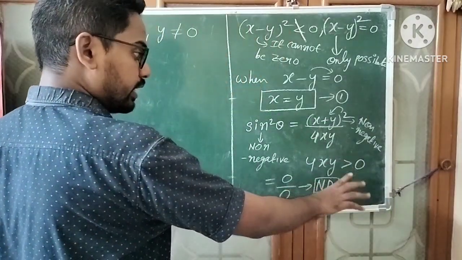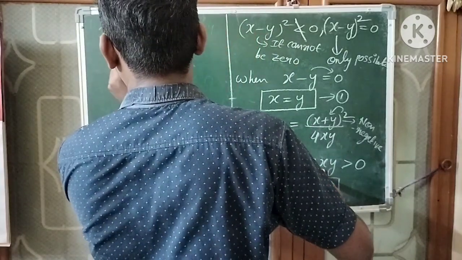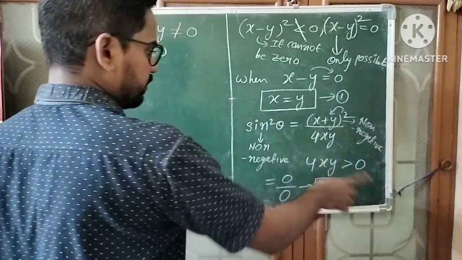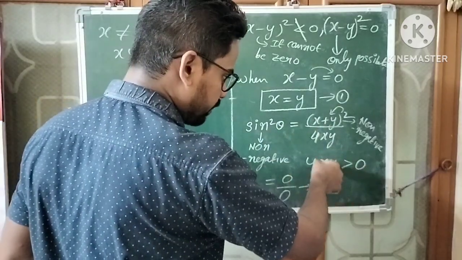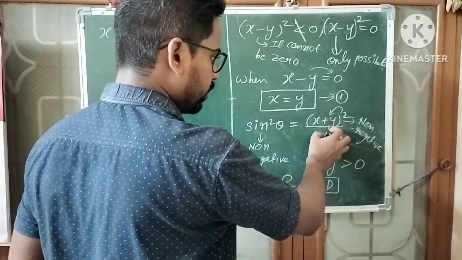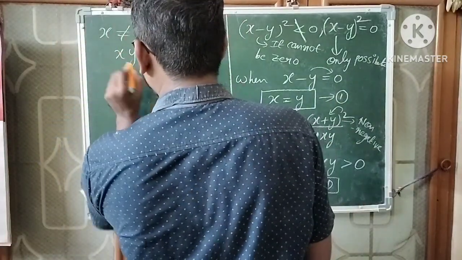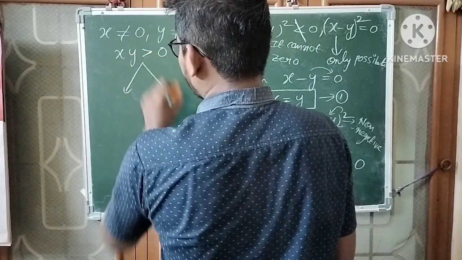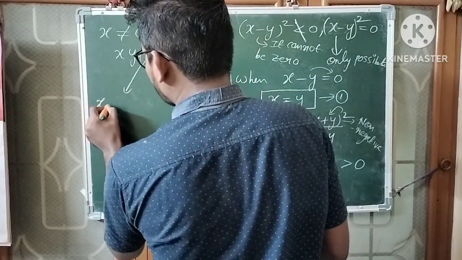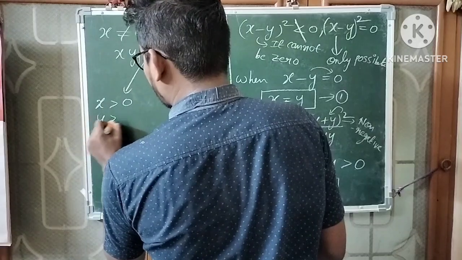4xy is greater than 0, and 4 is constant, so xy must be greater than 0. xy must be positive. If xy is positive, then this sin square theta is positive. Now, what are the possible cases here? xy greater than 0 means both x and y are positive, x greater than 0, y greater than 0.